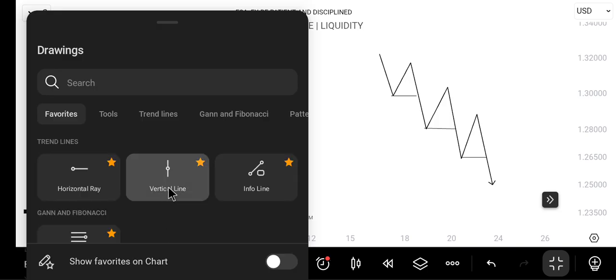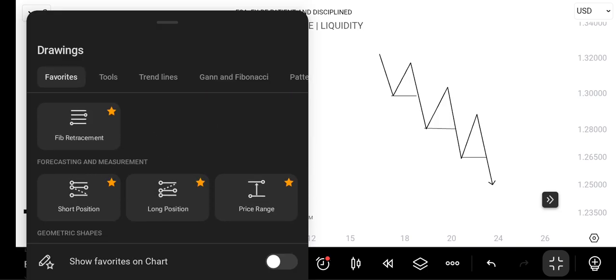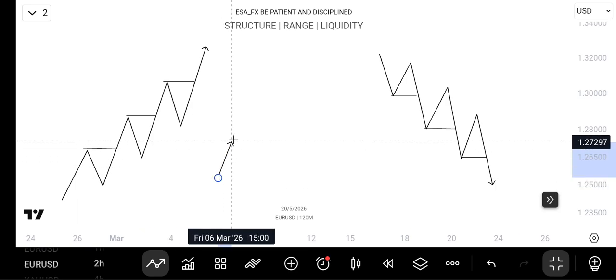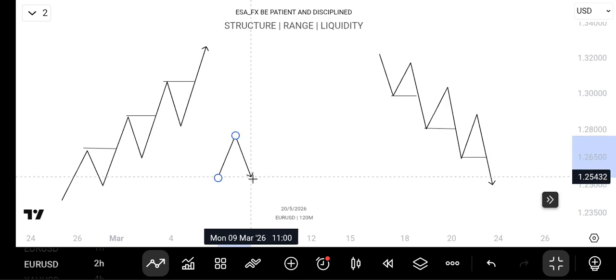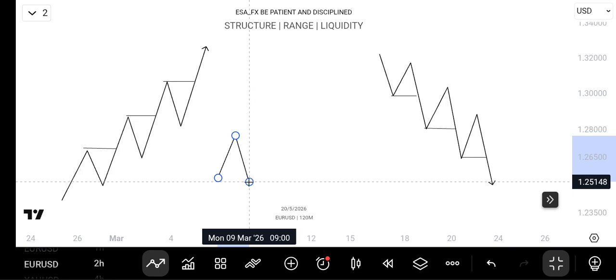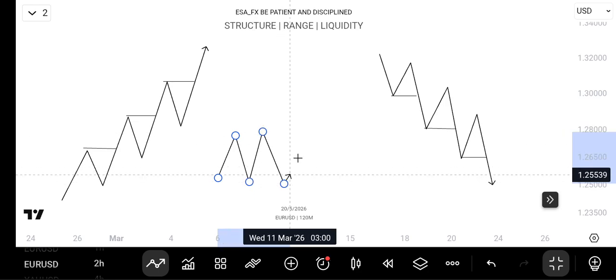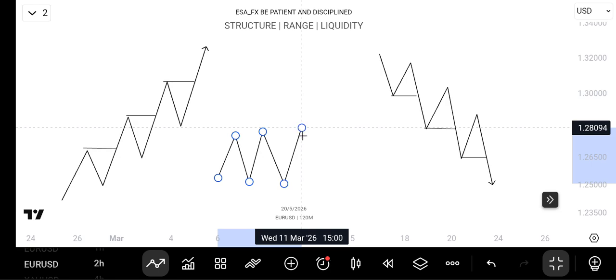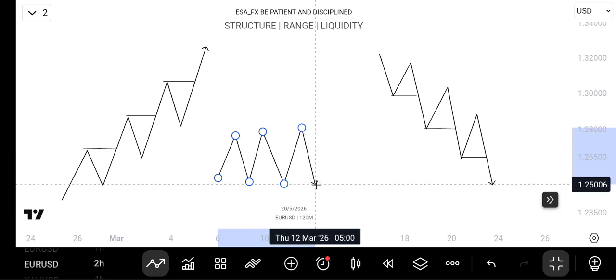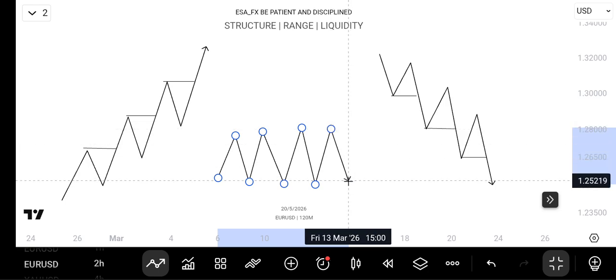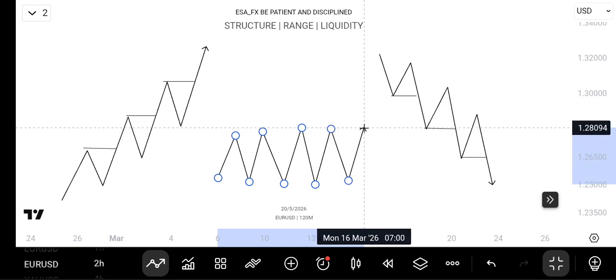Then comes the in between, the range. Price keeps moving in consolidation, not breaking structure to the upside, not breaking structure to the downside, just creating something like this. That's the whole range idea. Remember, it's not going to be picture perfect like this in the chart, but just grasp the idea. This is consolidation.